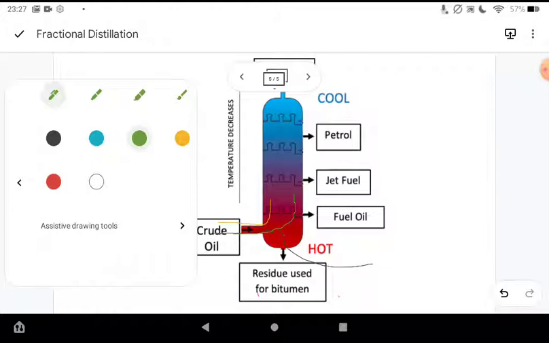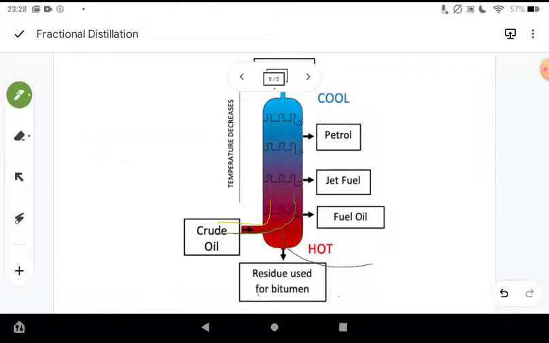So the temperature is now lower than the boiling point of the green hydrocarbon, which means it's going to condense, it's going to turn back into liquid. So if it turns back into liquid, it's going to fall and it's going to land on this plate. Now, because it lands on the plate, it's not going to go all the way down to the bottom where the bitumen is collected. It's going to run off here as fuel oil.